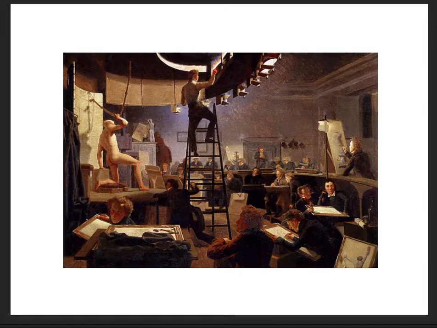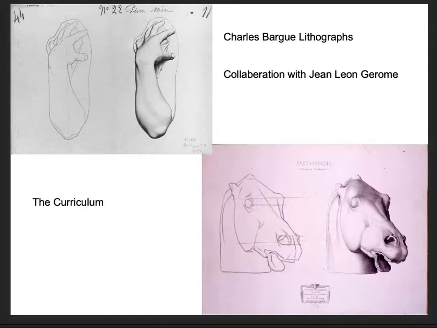Your very first year you would have copied lithographs or prints. In America, Charles Bargue collaborated with Jean-Léon Gérôme, a French academic painter, and they made an entire series of lithographs that Americans would copy, and it became the standard. It's still copied and used today.